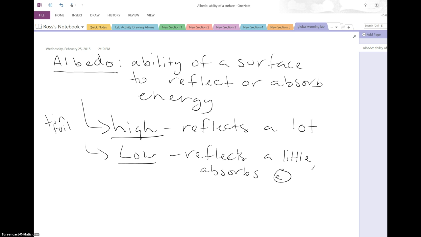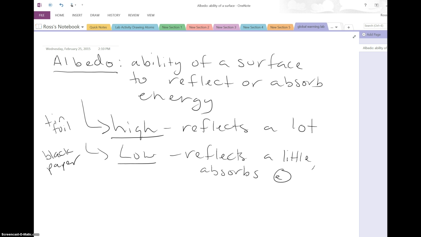Something that has low albedo will be dark colors. That's why in the summertime you're always told not to wear black out on the really hot days, because that black color absorbs lots of energy, lots of light, and will make you hotter. So that black paper would have low albedo. Now, who cares, right? Why do we care about albedo?